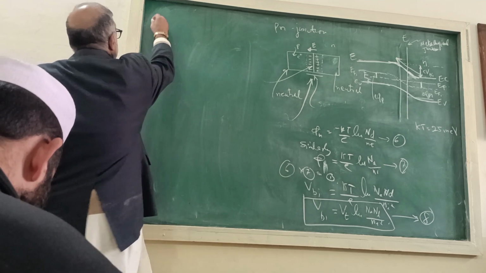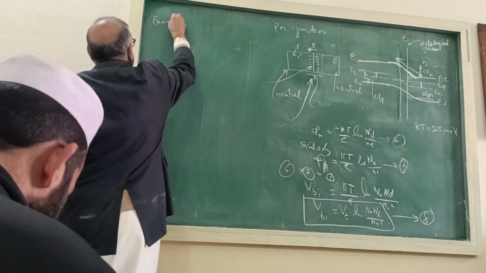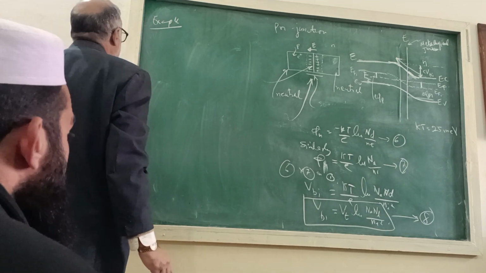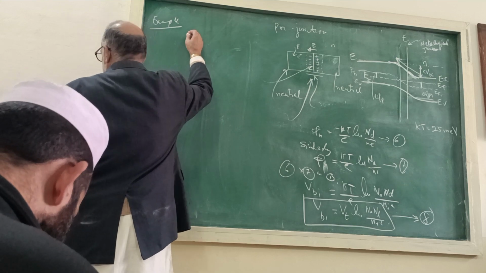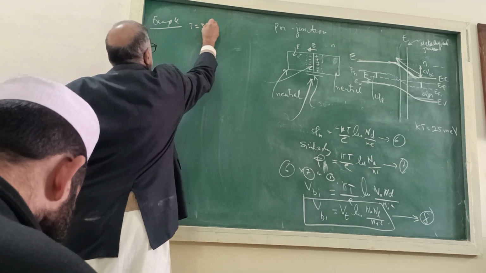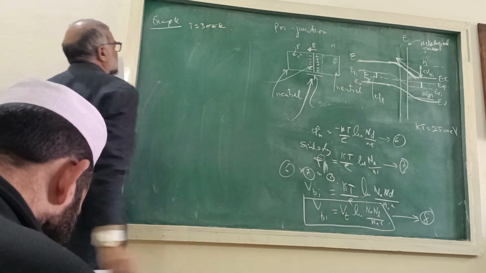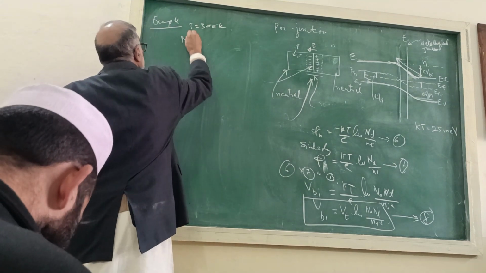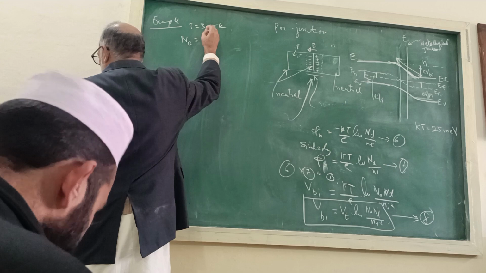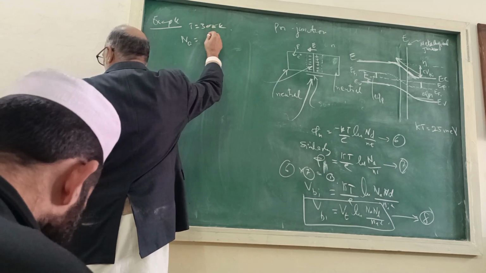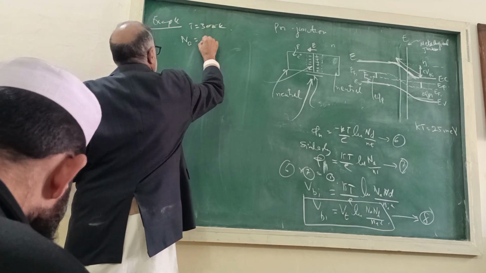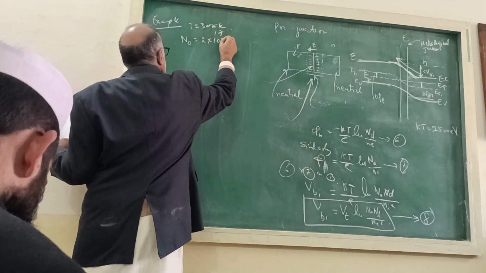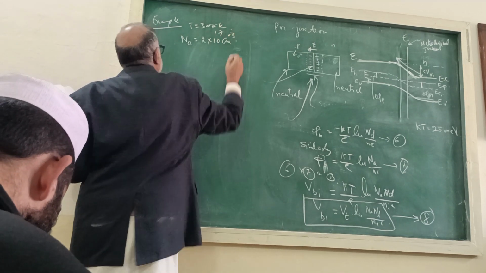Example. Consider a PN junction at T equal to 300 K. Na, the hole doping, the p-type doping, is 10 to the power 17 per centimeter cube.